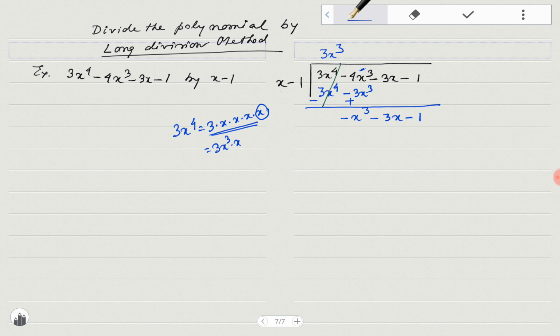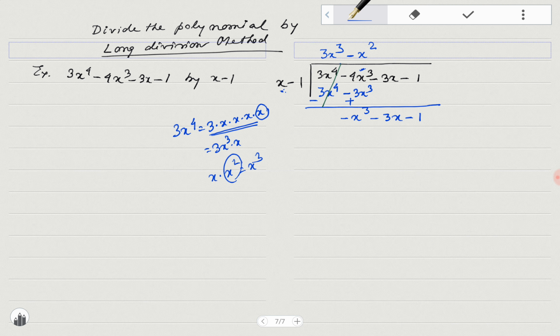Now what needs to be multiplied with this x to get x cubed? x into x square gives you x cubed. You need to multiply this x minus 1 by x square. So here put a minus sign over there, minus x square.